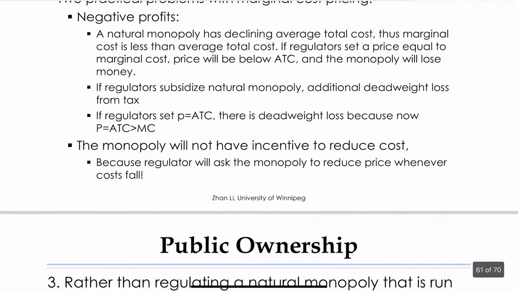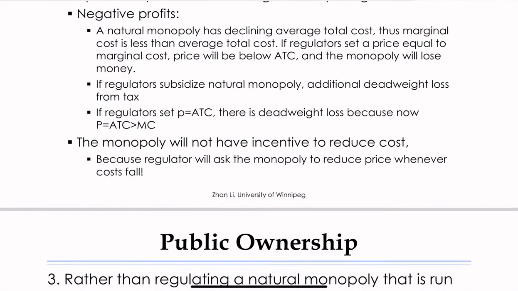And there is one additional problem if we want to set price equals marginal cost. That is, the monopoly will not have any incentive to reduce cost. Think about this.